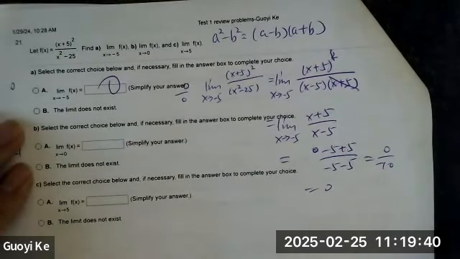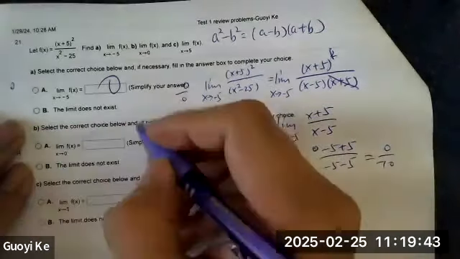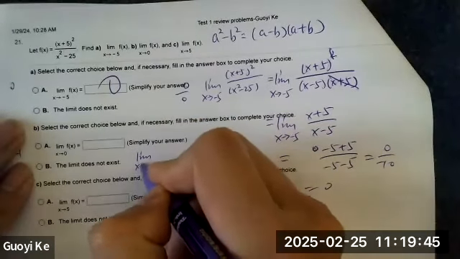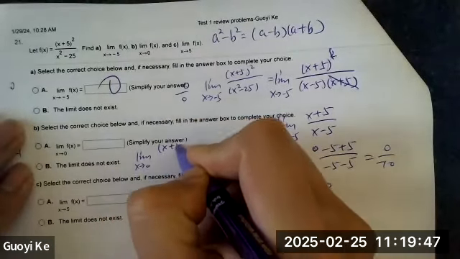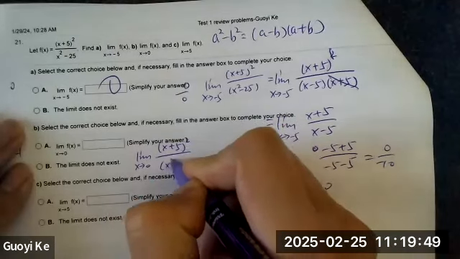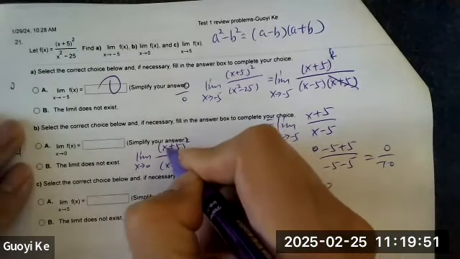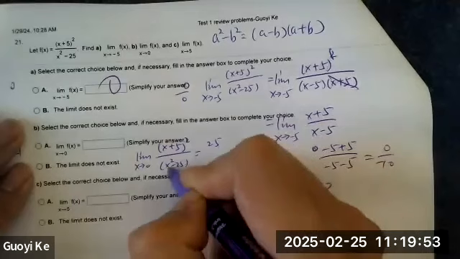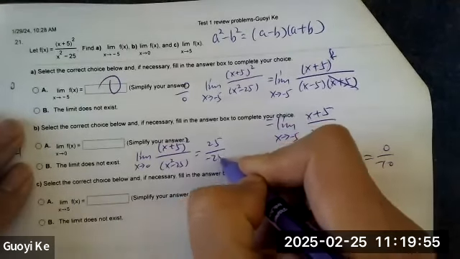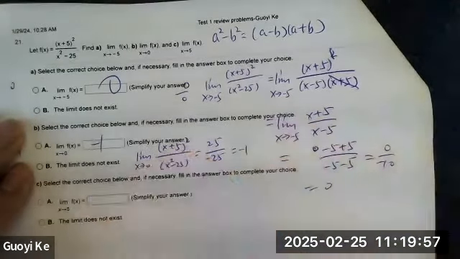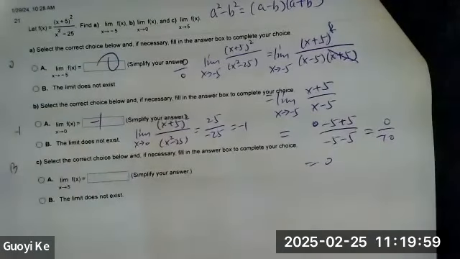Okay, and for this one should be easy. You just need to plug in 0 here. Plug in 0, 5 squared is 25. Plug in 0 here, negative 25 is negative 1. If it is not 0 over 0, you just need to plug in.